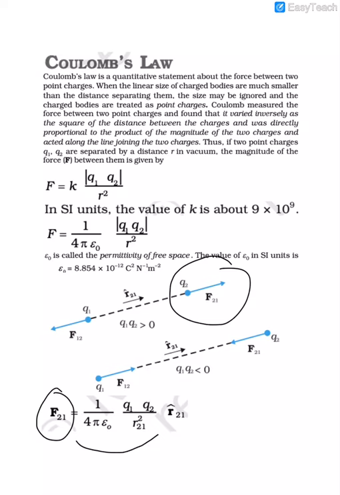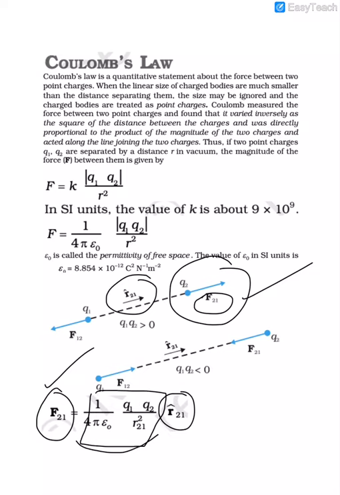Now I'll create a unit vector and I'll call it R21 cap, and you see how R21 cap is pointing. R21 cap is pointing in the same direction as F21. So R21 cap is a unit vector in the direction of F21, and therefore all I need to do is write vector force equal to 1 by 4 pi epsilon naught into Q1 Q2 by r square, which is a scalar calculation, into r cap 21, which is a unit vector in the direction of F21.